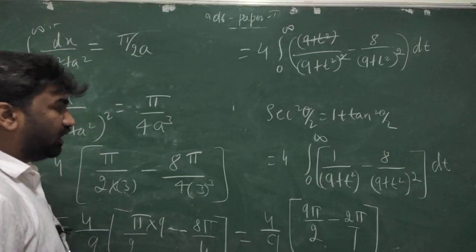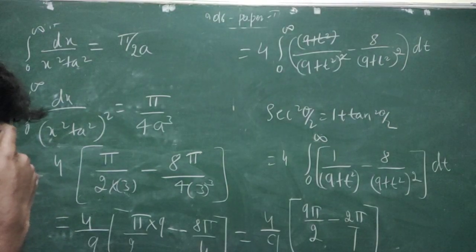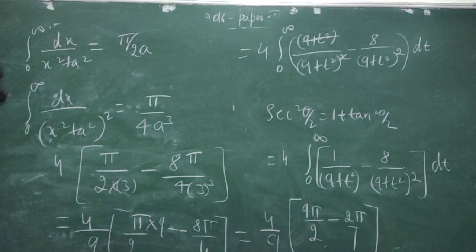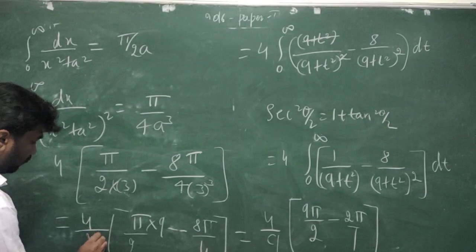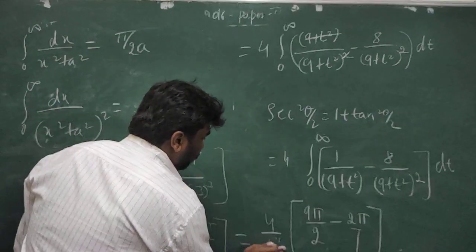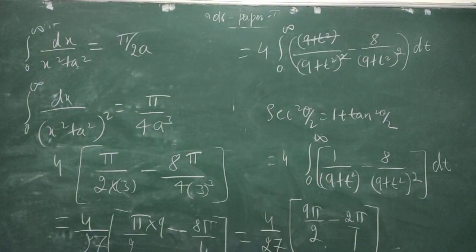So after simplifying this, 9 minus 4, 6 pi, okay, 3 cube means 27. The denominator we have 27. Okay, next.